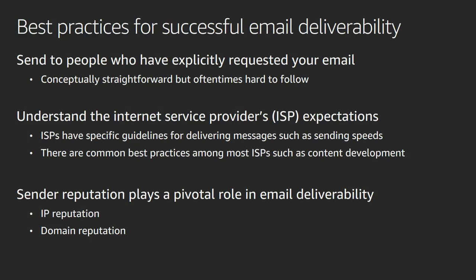IP reputation and domain reputation are the primary ones, and they're pivotal for most ISPs, especially the large ISPs. Some ISPs like Gmail and Hotmail will actually show you IP reputation to some scale. Now, it doesn't necessarily mean that's always exactly how that ISP is going to view you, but it gives you a good snapshot on certain days of how your IP and your sender reputation is performing.